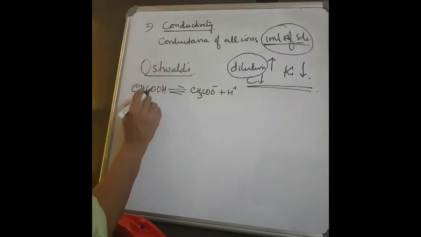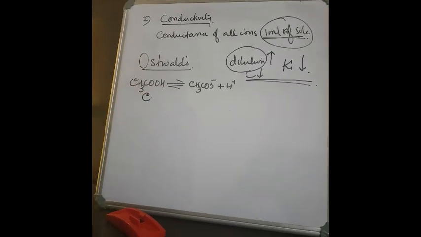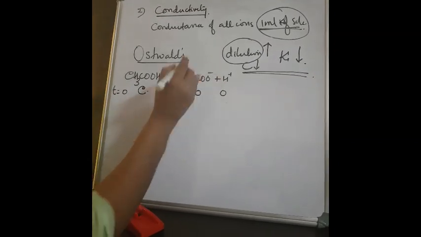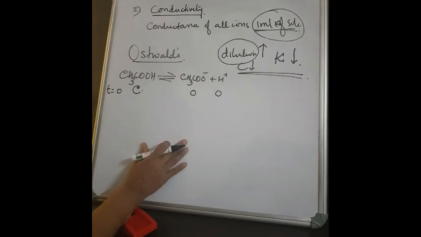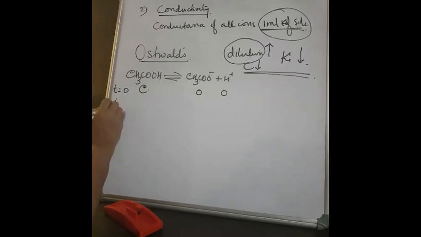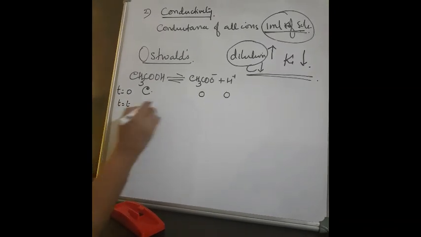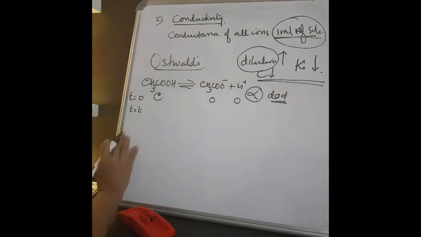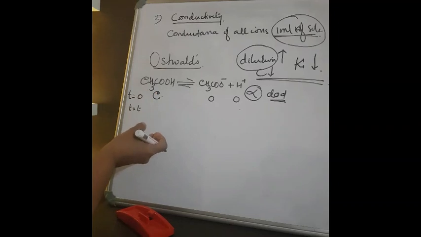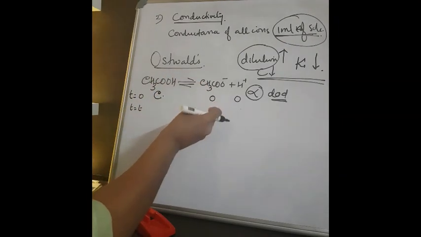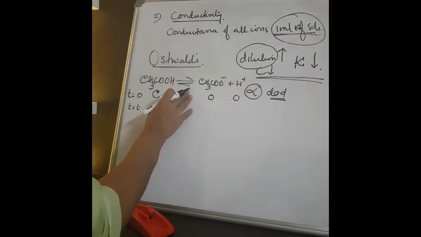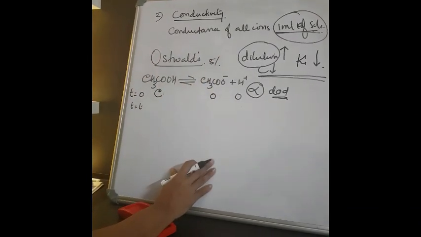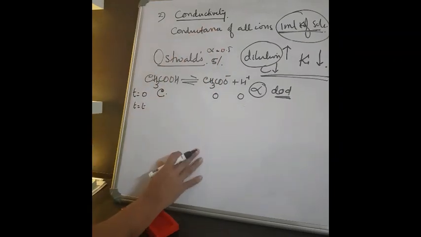Now, as we have already studied, if I take the concentration as C, when time t is equal to 0, the concentration is 0 for the products. Then at time t, if alpha is the degree of dissociation, that means from 1 mole, alpha moles are getting dissociated. In a weak electrolyte only hardly 5% is getting dissociated, or alpha is equal to 0.05.